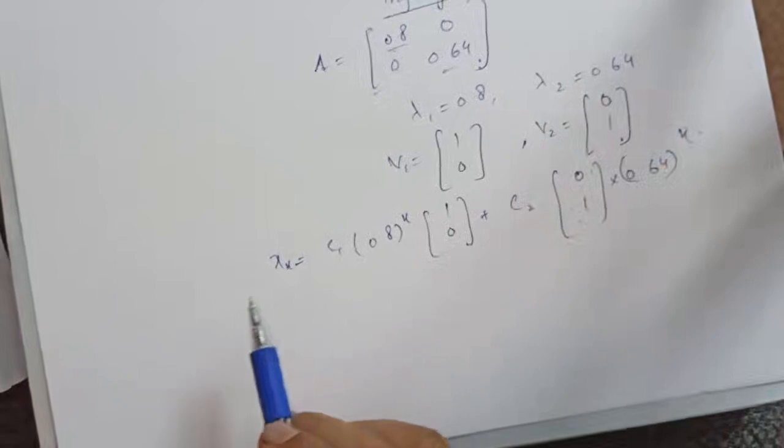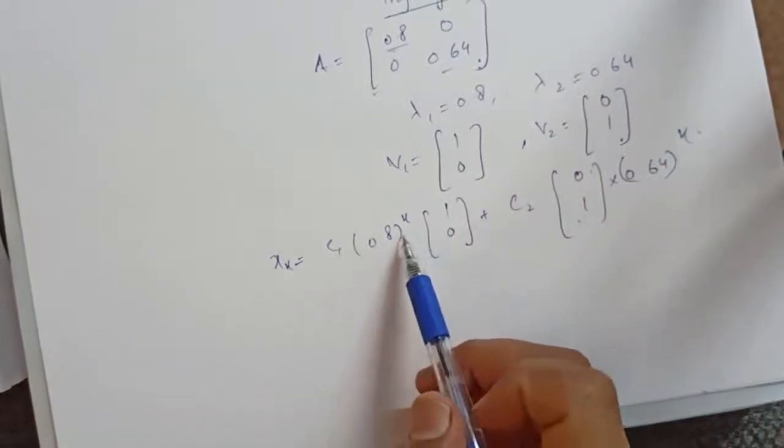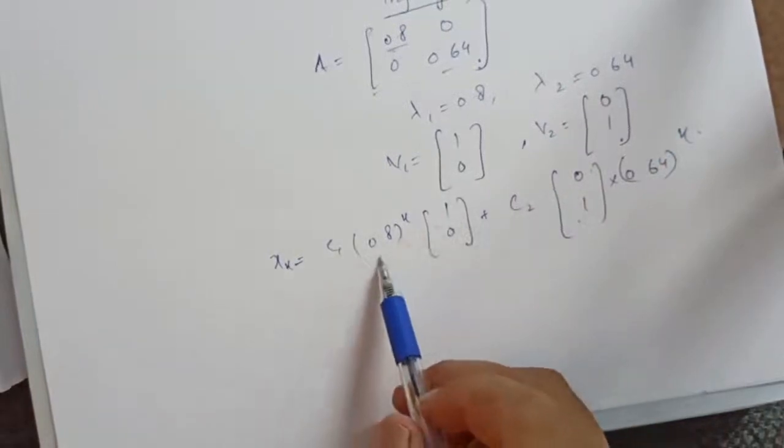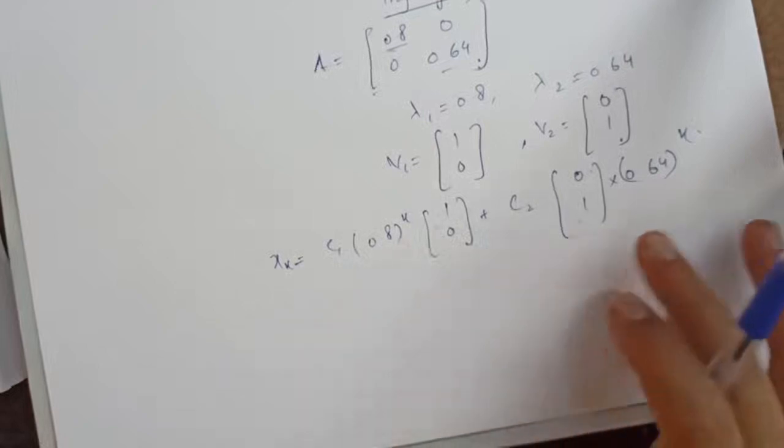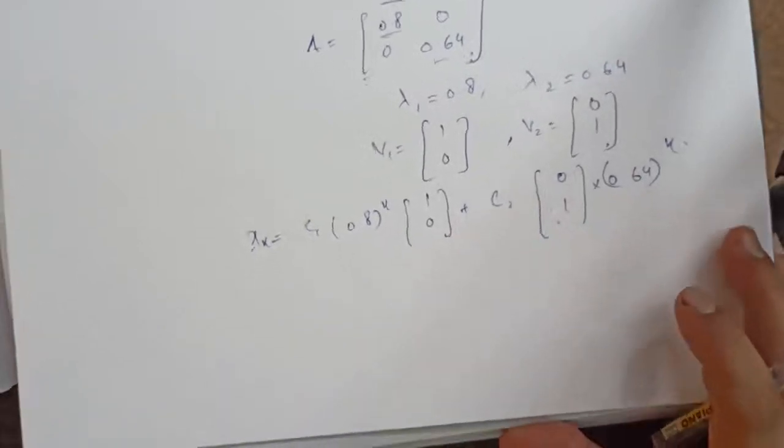In this case, as you can see here, as k approaches a larger value, all these terms will approach 0. In the previous scenario, they weren't approaching 0.